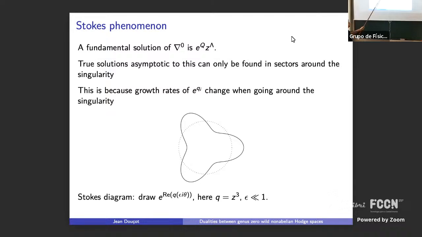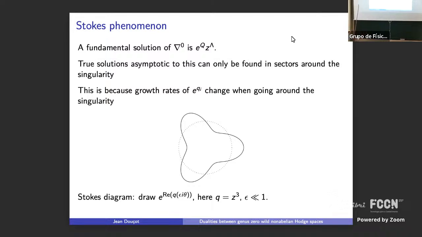So you see in particular that components of this will be linear combinations of exponentials of the small Qi's. And the thing is that the asymptotics of this exponential term, exponential of Qi, will change depending on from which direction I approach the singularity. The consequence is that I will only be able to find true solutions asymptotic to my formal solutions if I restrict to some sectors around the singularity.